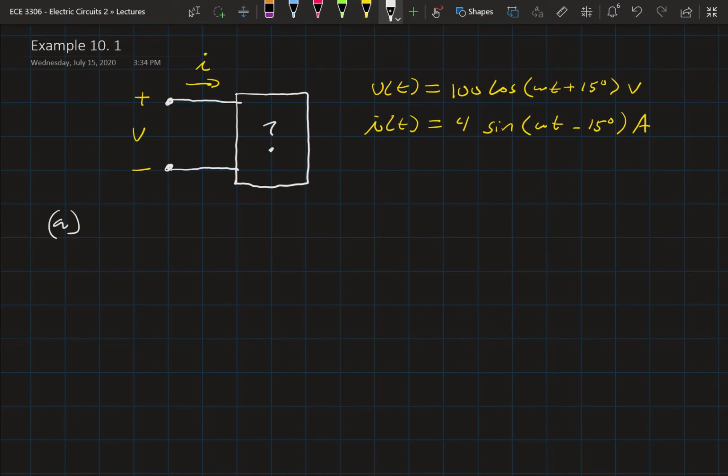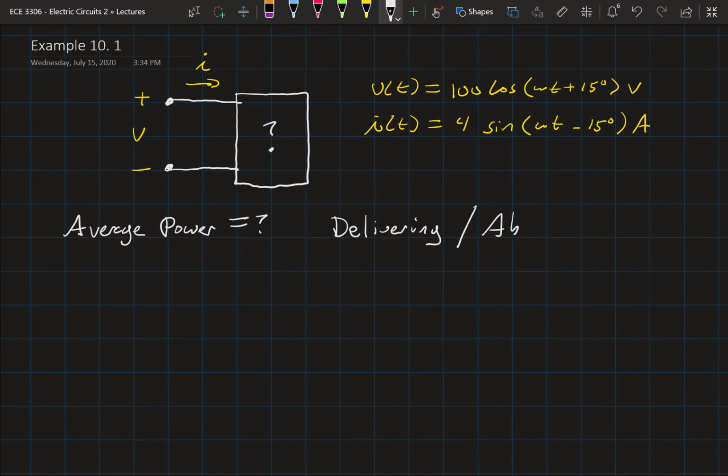So then we want to find a couple things. We'll combine these all as one. We're going to calculate the average power, like we just talked about, and we want to know if it's delivering or absorbing that power.